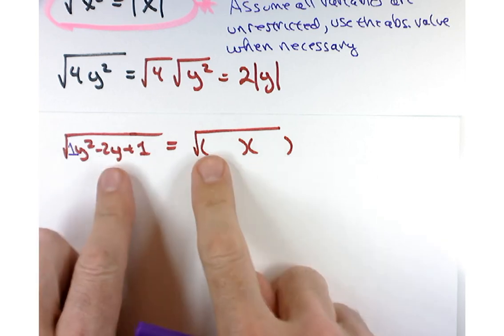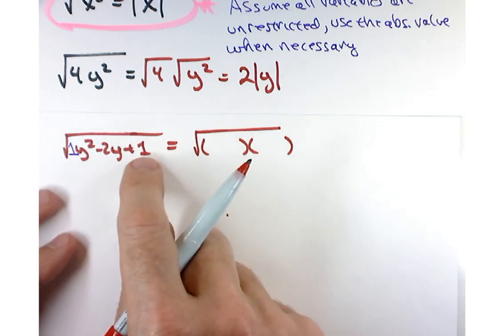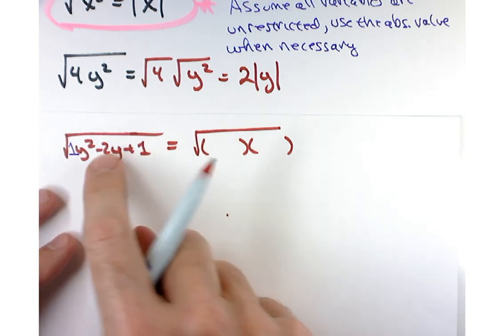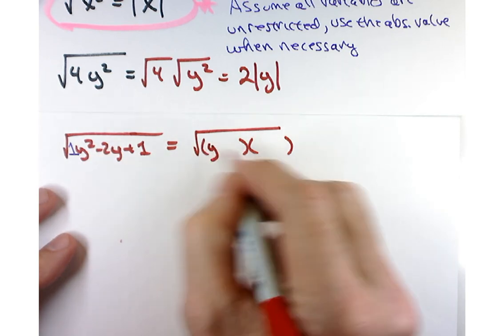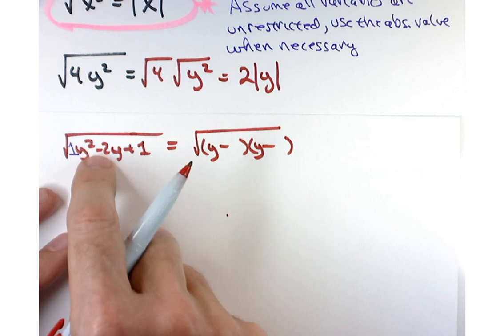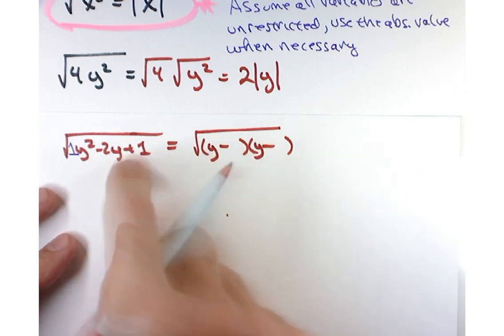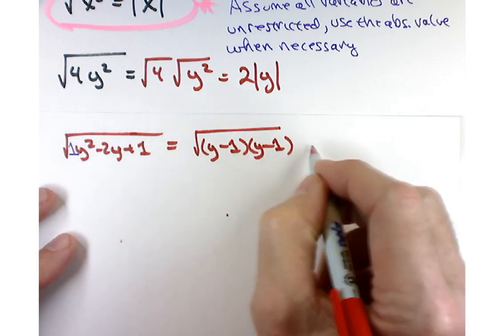What do I need out here? How's this going to factor? y minus 1, y minus 1. Yeah, you need two numbers that multiply to positive 1 and add to negative 1. So a y and a y. Both of these signs have to match this so that you have a negative times a negative is positive. And then a 1 and a 1.